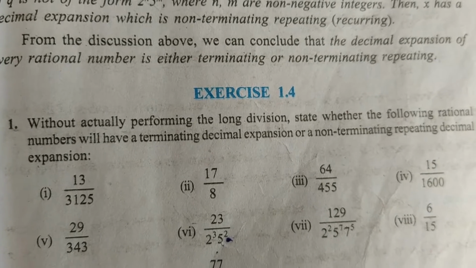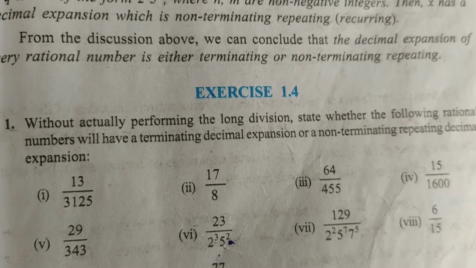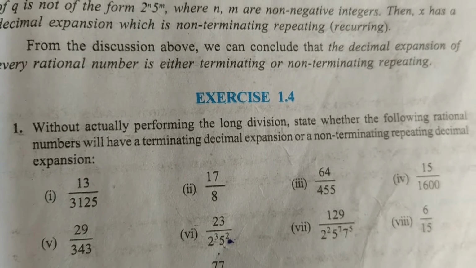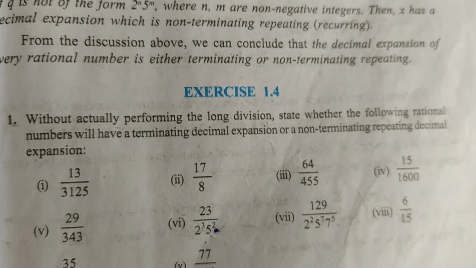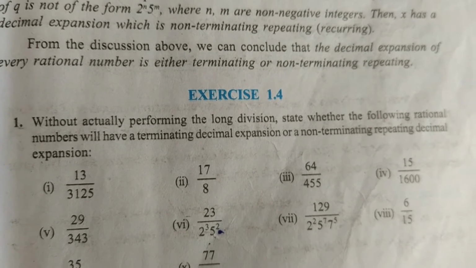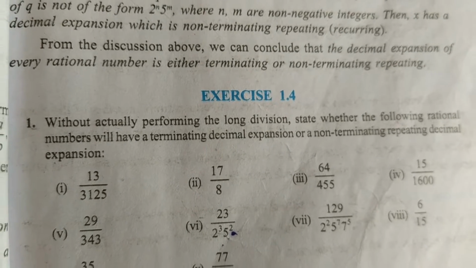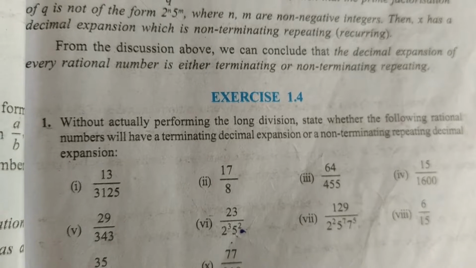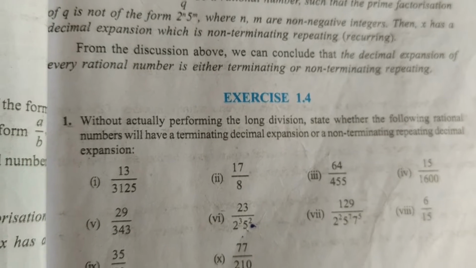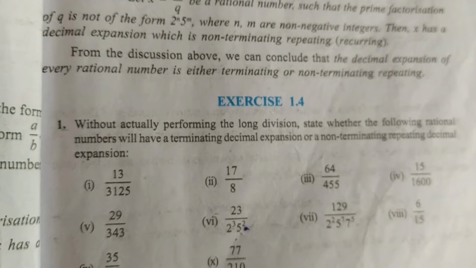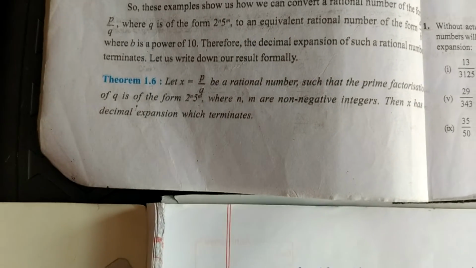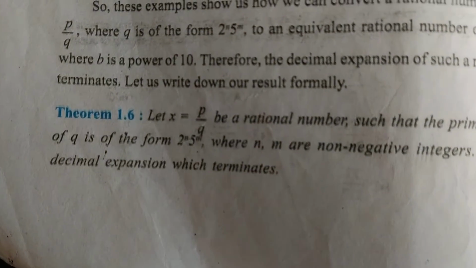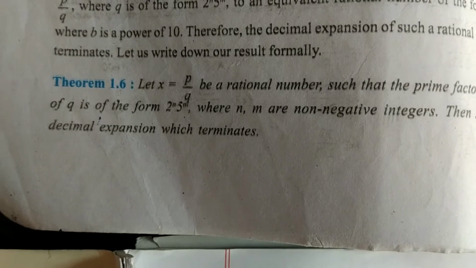Without actually performing the long division, state whether the following rational numbers will have terminating decimal expansions or non-terminating repeating decimal expansions. Without performing long division means we don't use the long division method. Just follow these two theorems, and in these two theorems we require the prime factorization of the denominator.